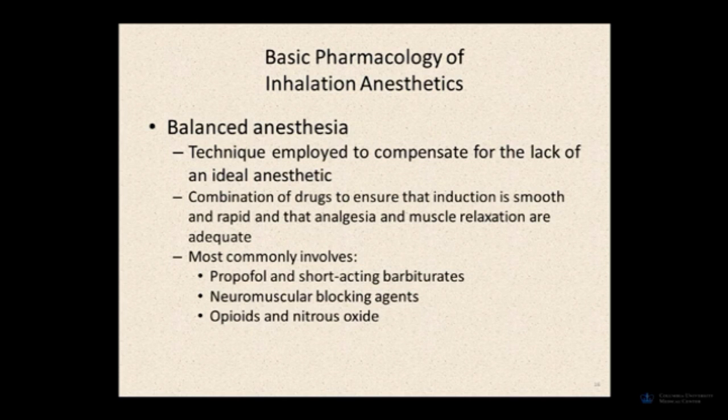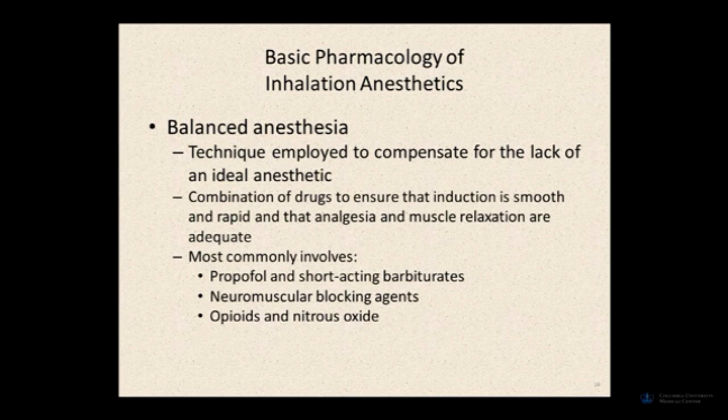So this is balanced anesthesia, employing multiple drugs in addition to the inhaled anesthesia to compensate for the lack of that ideal character of whatever inhaled anesthesia you're giving. What's very commonly given with general anesthesia is a group of drugs delivered together.